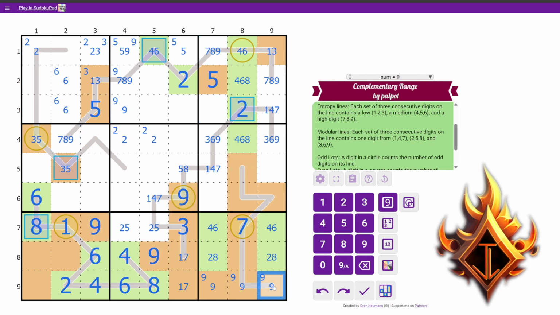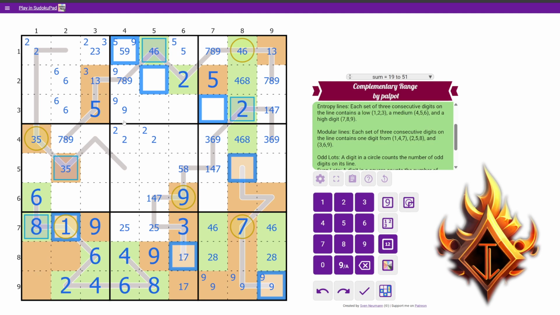If it is a 1, then it goes there, and there, and there. And then it would have to go here. Would have to go in one of those.